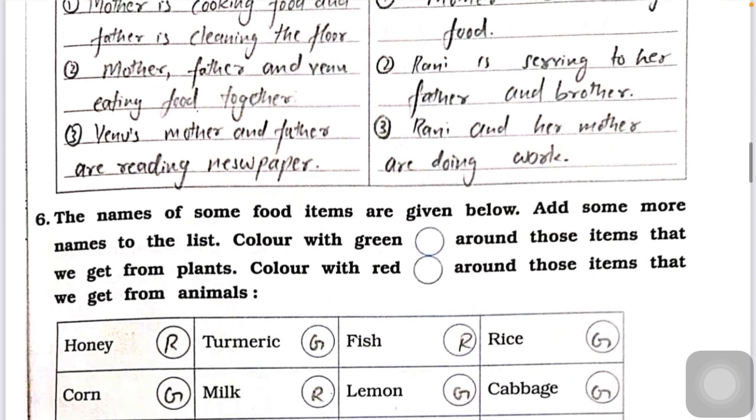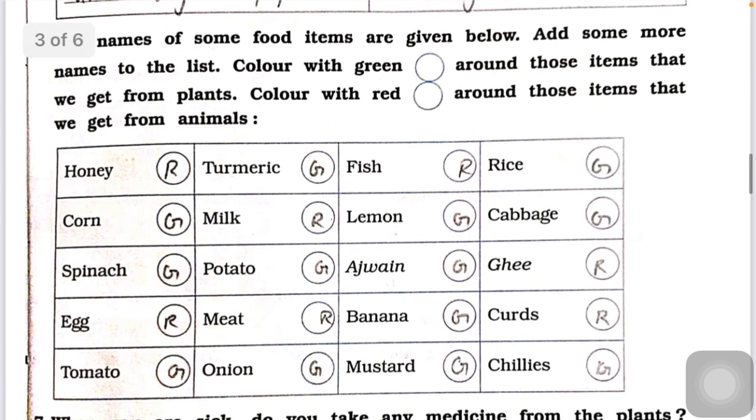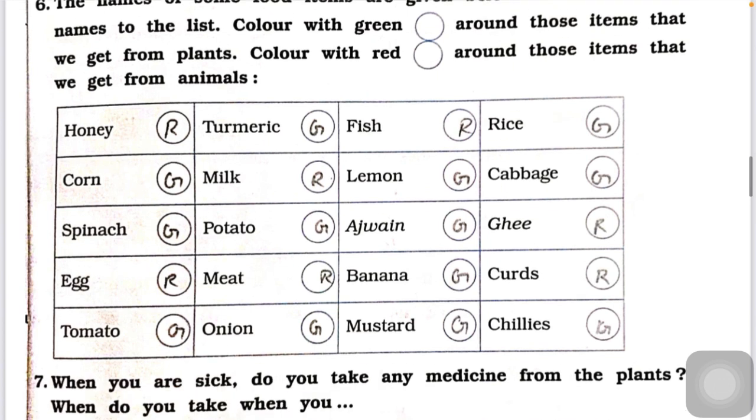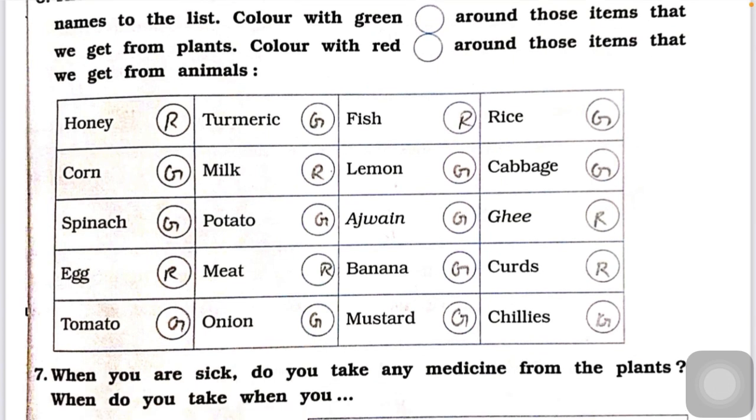Okay, now the names of the food items are given below. Add some more names to the list, and color green those which we get from plants, and color red those which we get from animals. Here I have only written the letters R and G. You have to fill the circle with red and green. Where I have used the letter R, fill that with red color, and where I have used the letter G, fill that with green color.